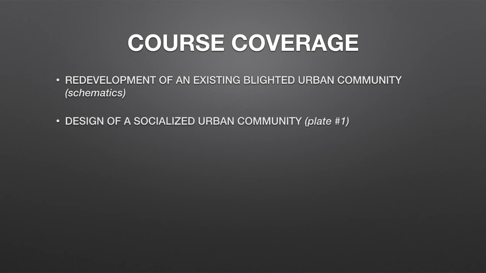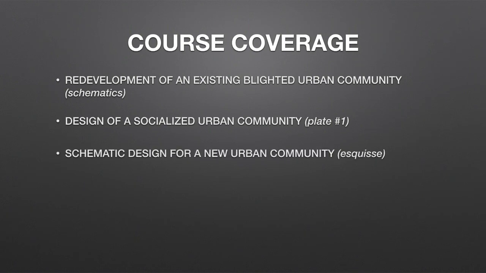Design of a socialized urban community with consideration to spatial planning and analysis, and this will be a major plate. Schematic design for a new urban community. A scheme design for a new urban community, and this will be a sketch.